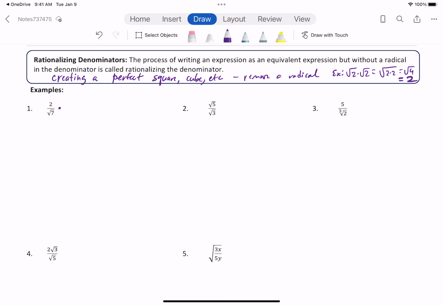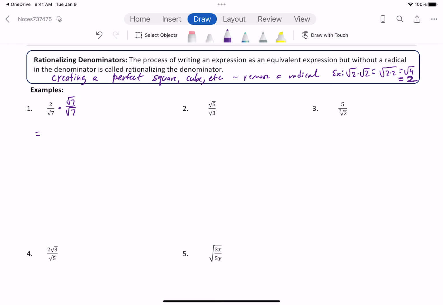If I have the square root of 7 in the denominator, I just need to multiply times the square root of 7 to make that a perfect square. But of course, we can't just multiply the denominator by something. If we multiply the denominator, we also have to multiply the numerator so that we're really multiplying by a factor of 1.